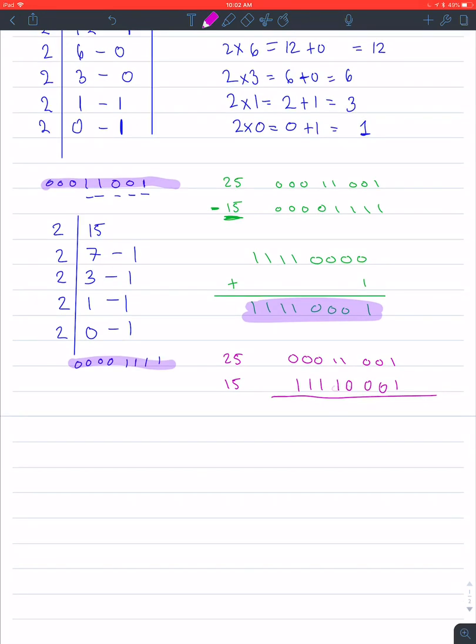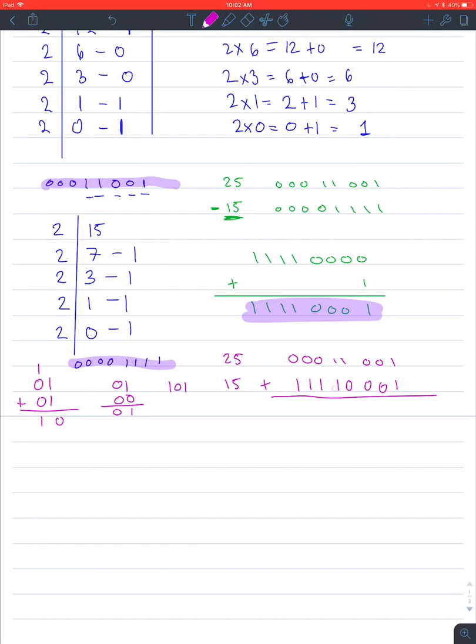Okay. So now, 1 plus 1 in binary addition, I'm going to write it on the side here. You have 0 and a 1, 0 and a 1. 1 plus 1 is 0, carry a 1. This becomes 1.